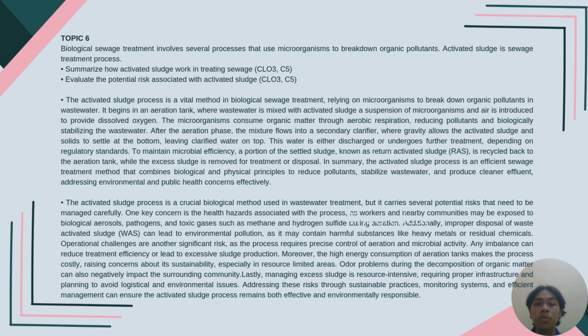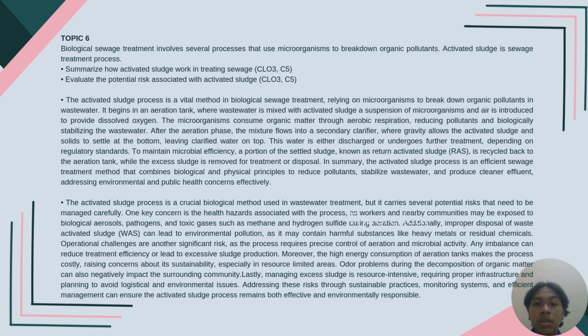The activated sludge process is a vital method in biological sewage treatment, relying on microorganisms to break down organic pollutants in wastewater. It begins in an aeration tank where wastewater is mixed with activated sludge, a suspension of microorganisms, and air is introduced to provide dissolved oxygen. The microorganisms consume organic matter through aerobic respiration, reducing pollutants and biologically stabilizing the wastewater.